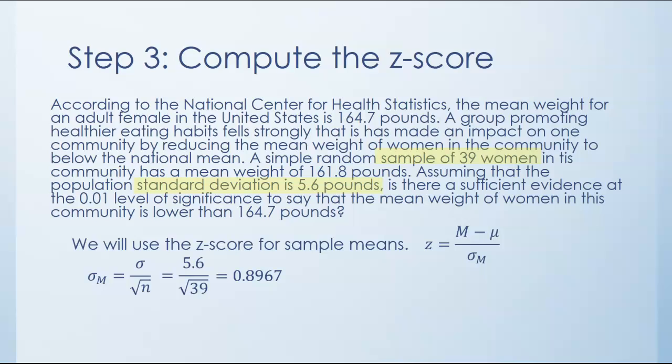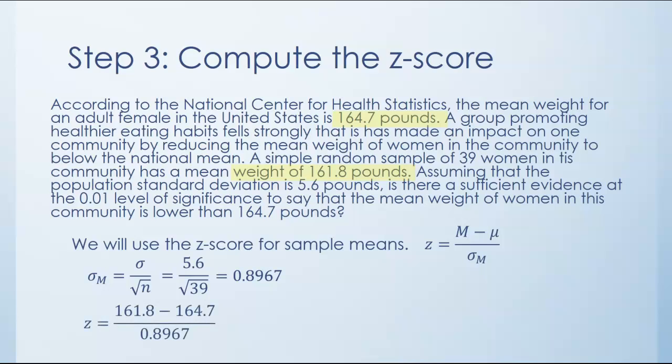All right, now we're going to do our z-score. Remember, the two pieces of information we need for our z-score, in addition to the standard error we just computed, are the mean of our population and the mean of our sample. Starting off with the mean of our sample, that would be the weight of 161.8 pounds. And according to the National Health Center, the mean for the adults in the U.S. would be our population mean, 164.7.